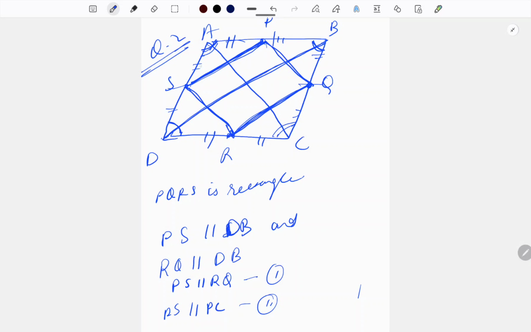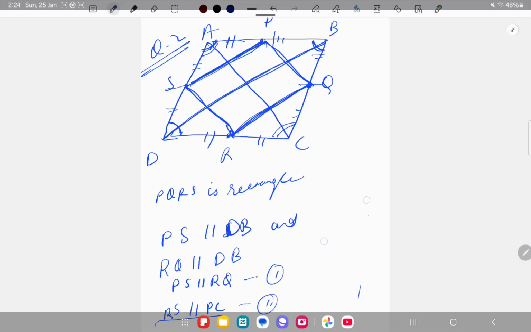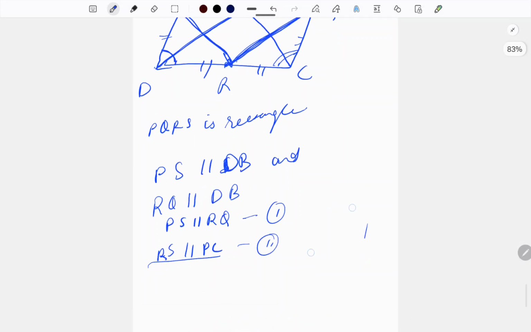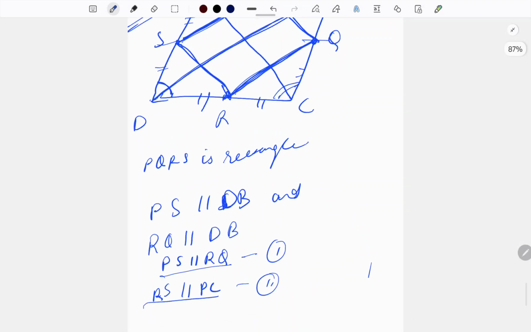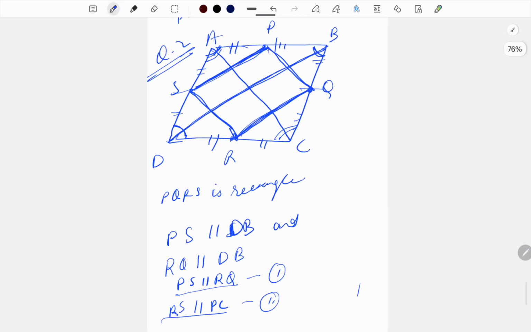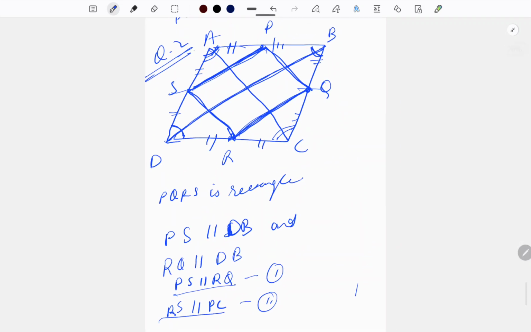Now both are parallel to the same line DB, therefore they will be parallel to each other. That is what we have derived: PS is parallel to RQ. And similarly we can derive, if we take triangle ACD and triangle ACB, that RS is parallel to AC and PQ is parallel to AC, and therefore RS is parallel to PQ. Same thing, RS is parallel to PQ, I have written here.